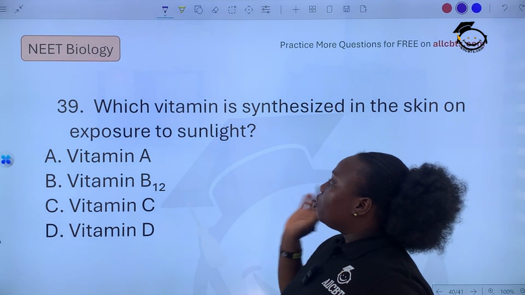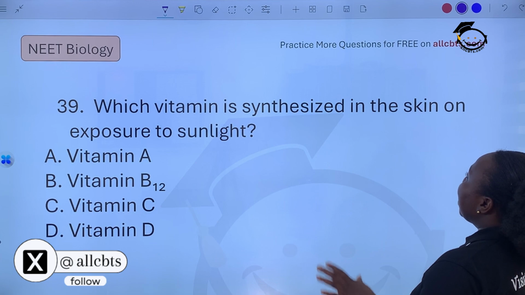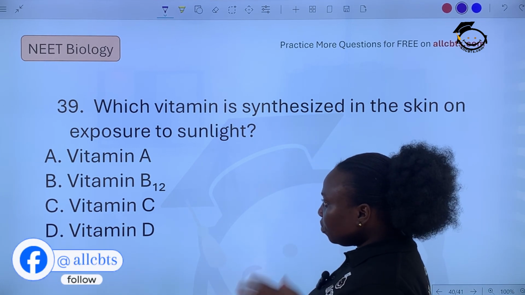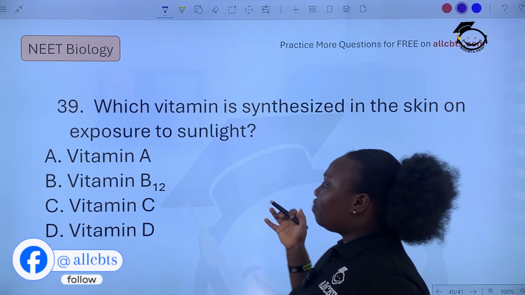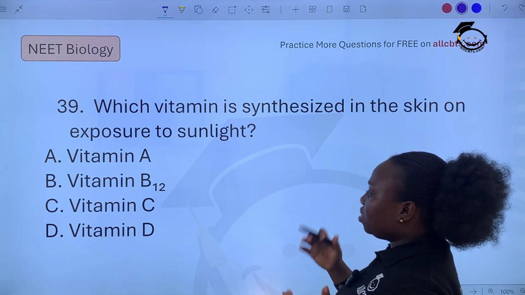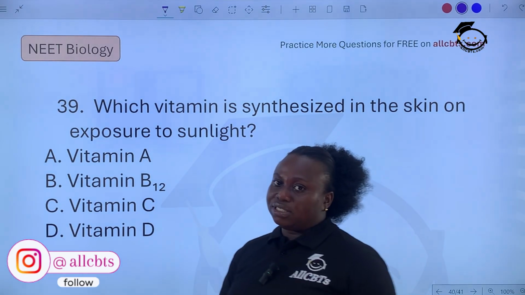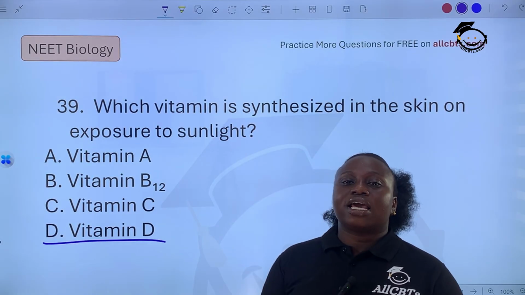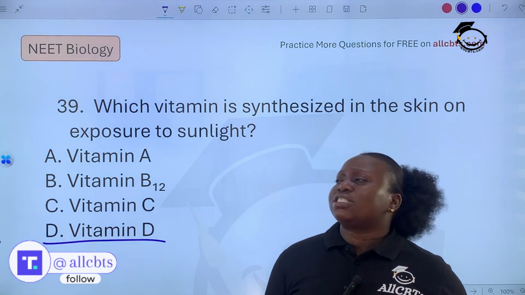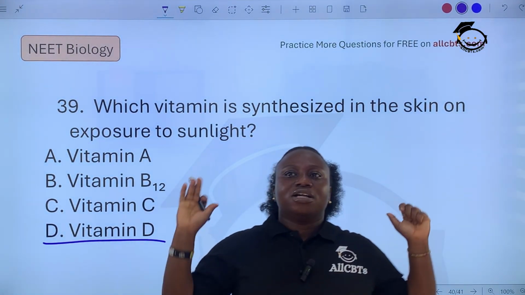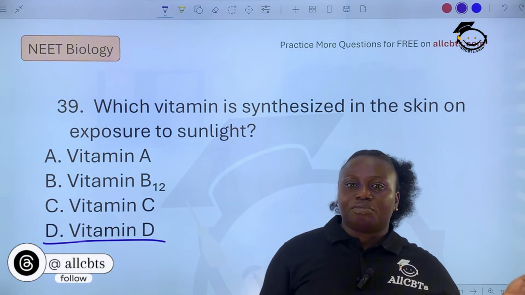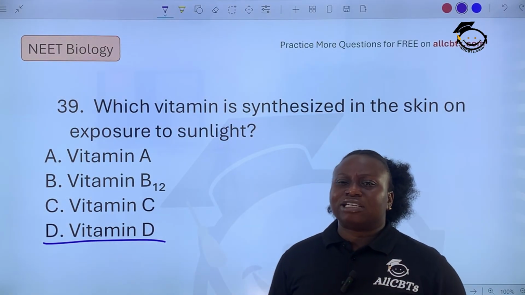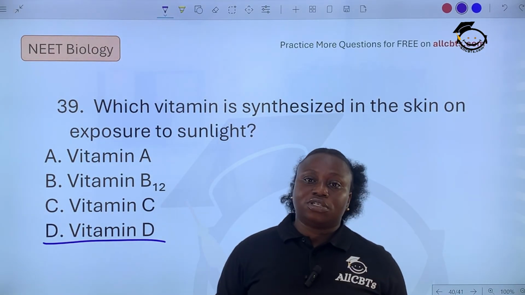Number 39, which vitamin is synthesized in the skin on exposure to sunlight? A, vitamin A; B, vitamin B12; C, vitamin C; D, vitamin D. Now the answer is vitamin D. People in countries that don't have sunlight tend to take vitamin D supplements, but in countries that have regular sunlight, people don't need those supplements.